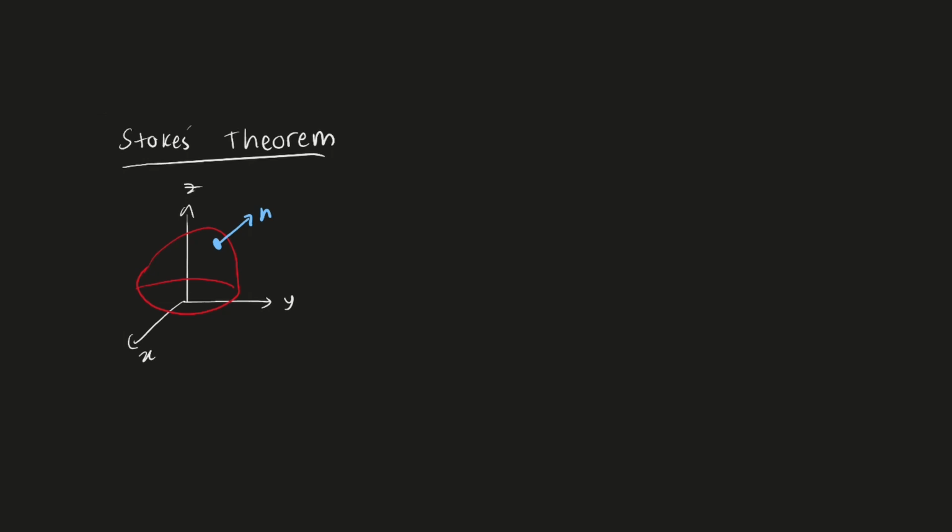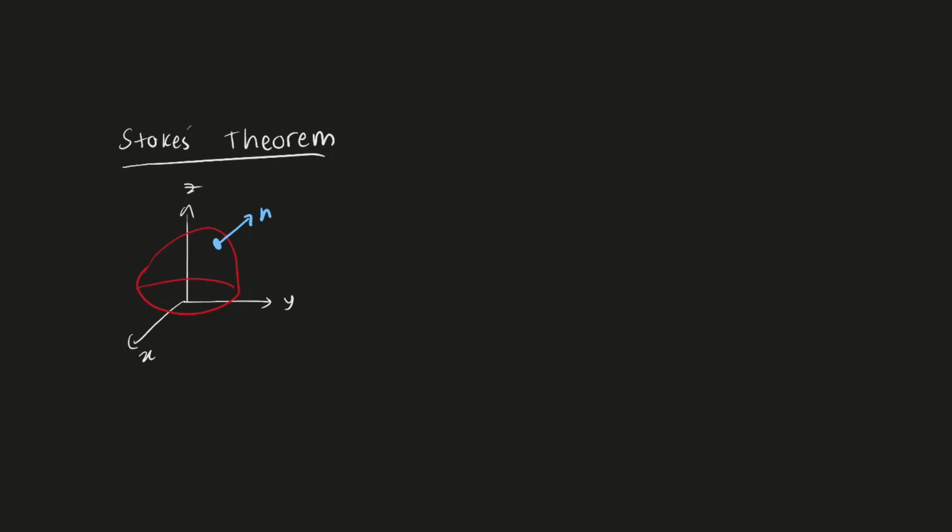So Stokes' theorem generalizes Green's theorem to 3D, which means the main idea is still the same. We want to calculate the microscopic circulation inside a surface by just calculating the integral of vector field F around the surface.